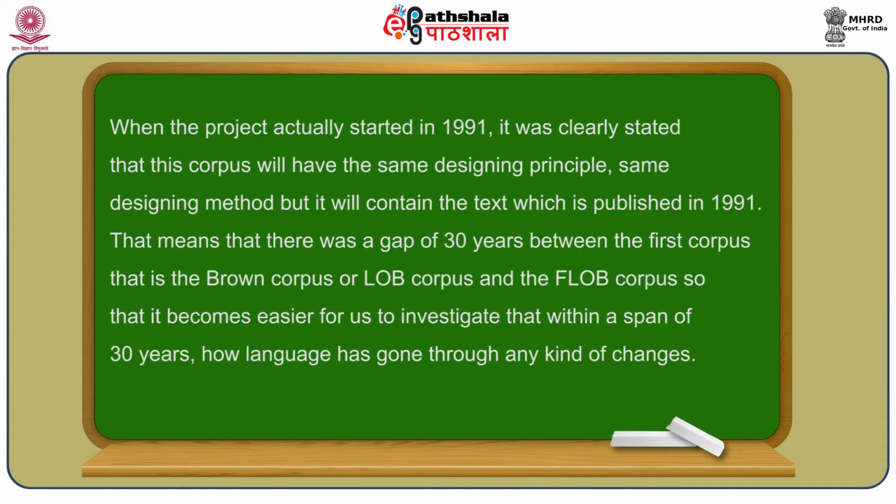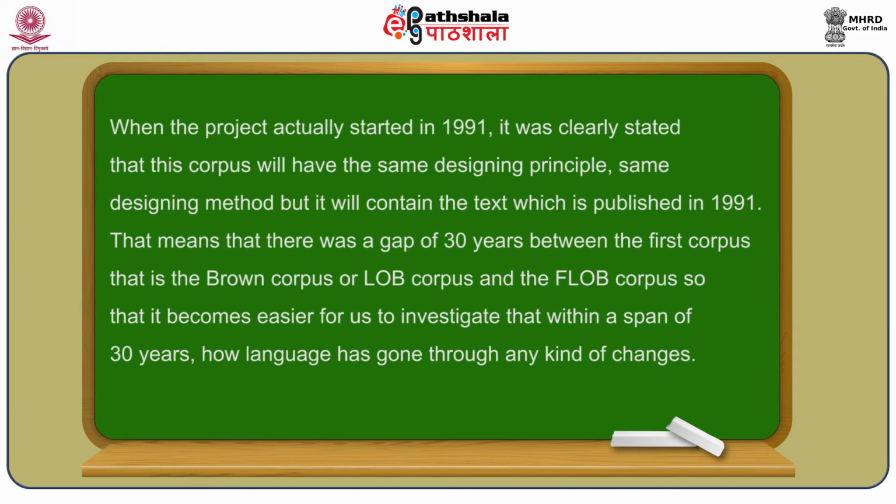That means there will be exactly a gap of 30 years between the first corpus, that is the Brown corpus or LOB corpus, and the FLOB corpus, so that it becomes easier for us to investigate how, within the span of 30 years, language has gone through any kind of change.